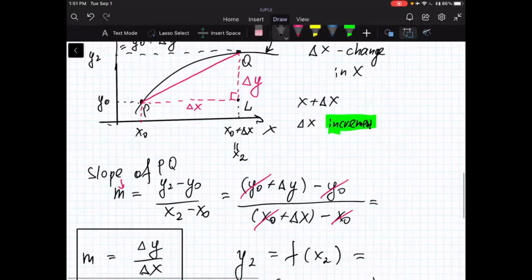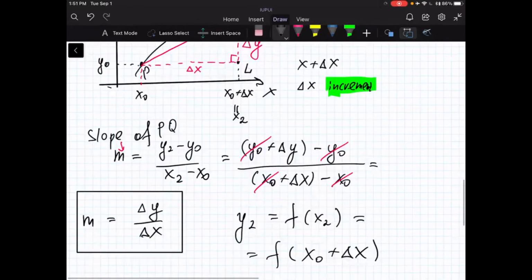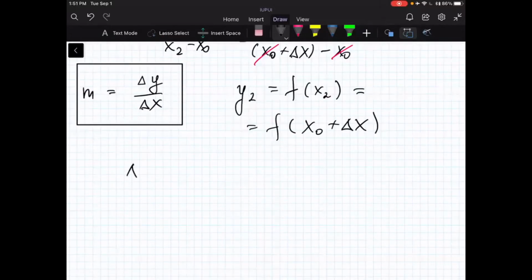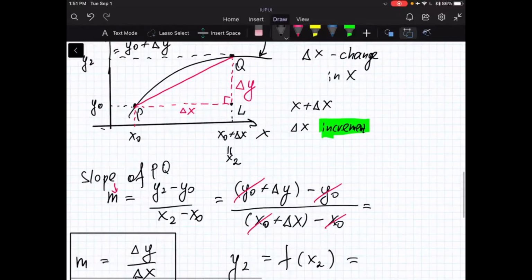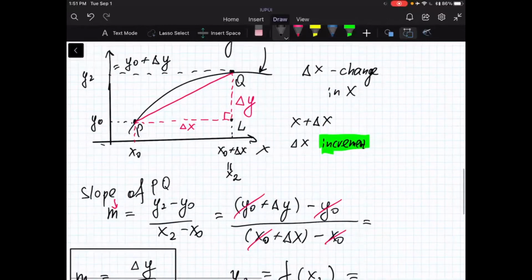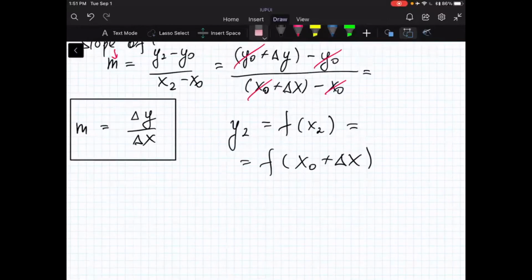And what is delta y? We have seen that y2 is y0 plus delta y.